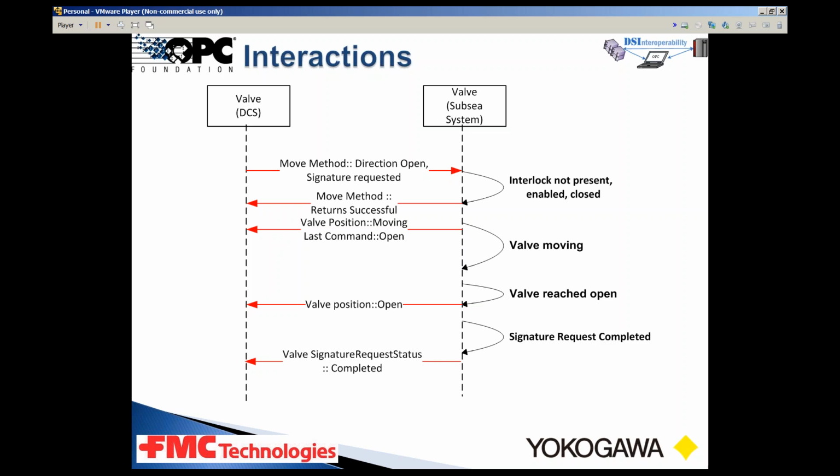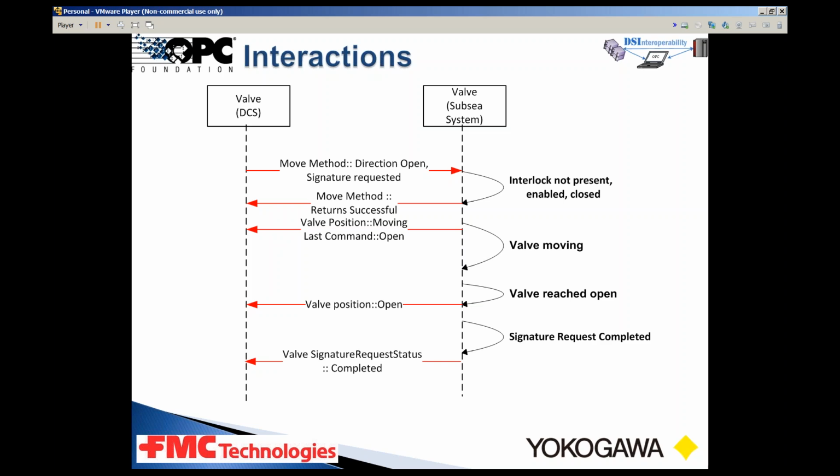We want to be able to show how an object model such as a valve here is supposed to behave when it gets a move. So we want to make sure that the behavior of these different pieces of equipment from multiple vendors matches up well enough that the DCS system that's the client in this system can understand and always expect the same behaviors.